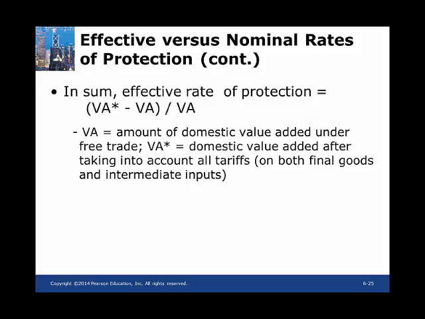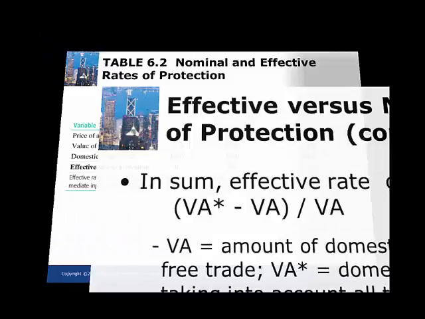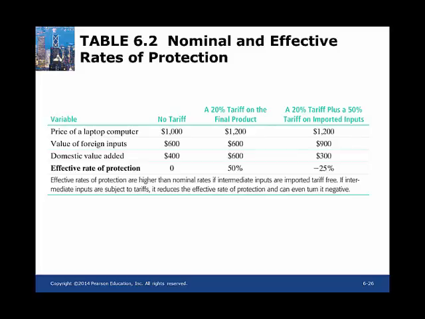VA star is the domestic value added after taking into account all tariffs on both final goods and intermediate inputs. Table 6.2 Nominal and effective rates of protection. You can see in this table, with no tariff, the price of a laptop computer is $1,000.